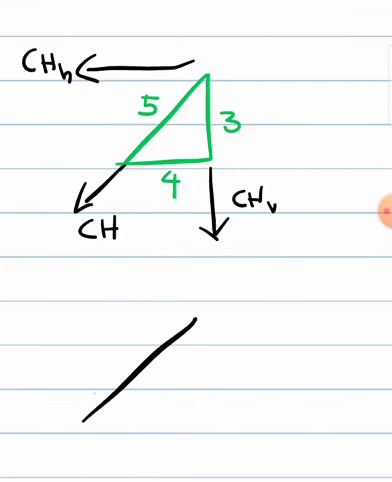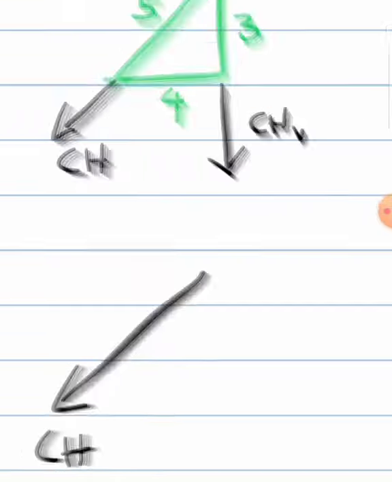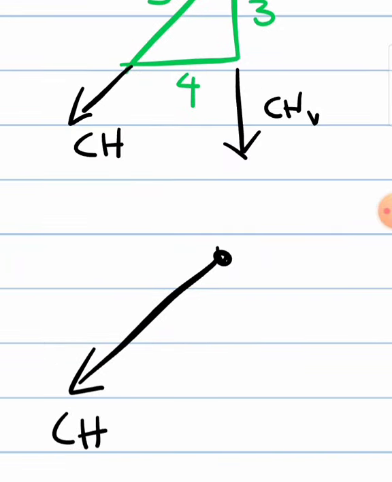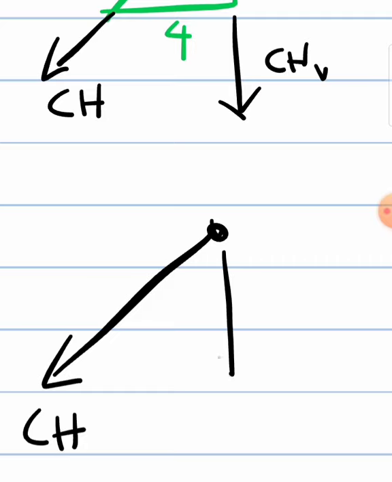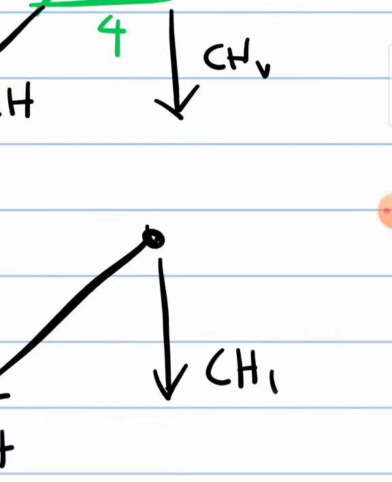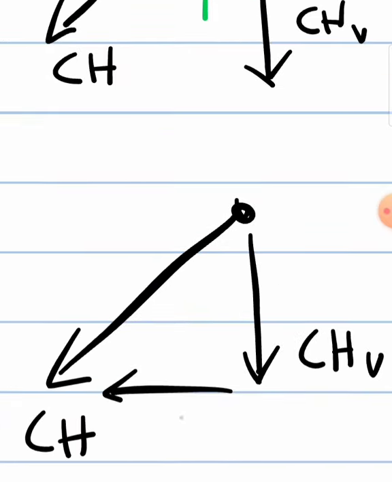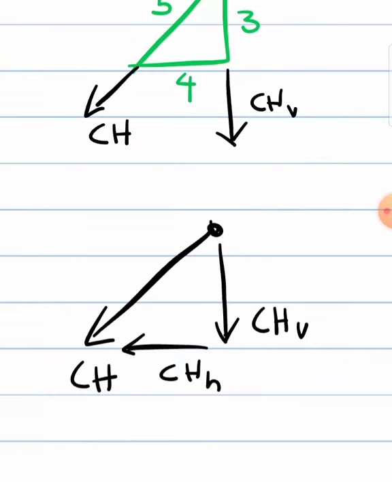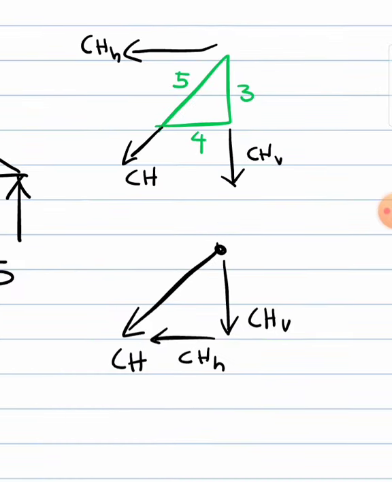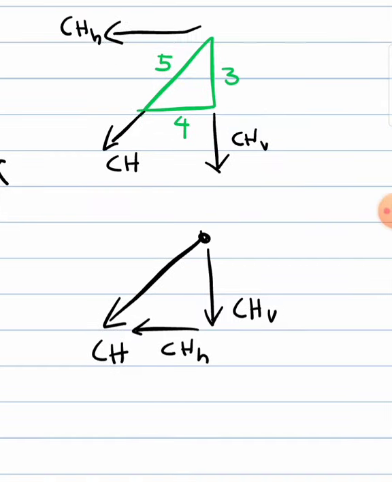If we have CH here, to get from this point towards this point, we use the vertical component CHV and the horizontal CHH. And with that, we form another triangle. Then after that, we will use again the ratio and proportion.